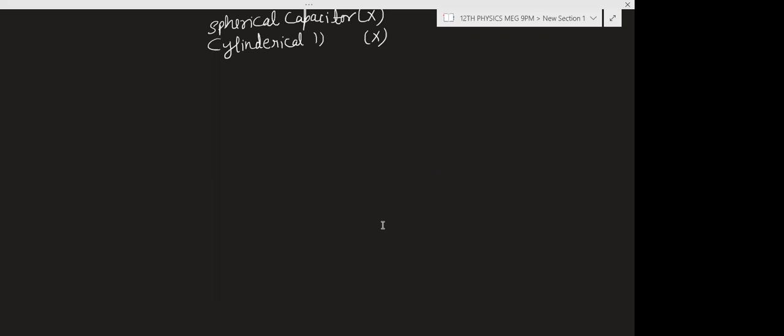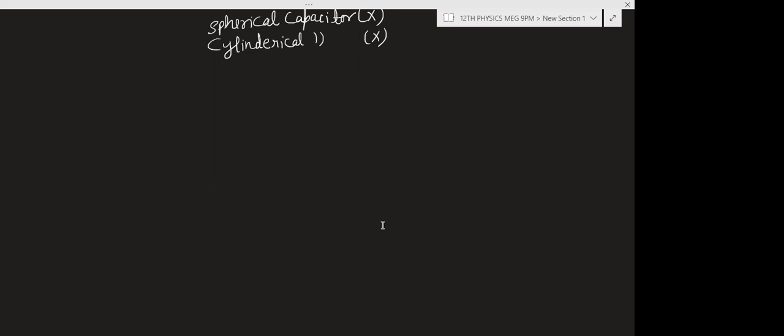After that, we discussed the parallel plate capacitor. What are parallel plate capacitors? They are simply two parallel plates. The plates can be rectangular or circular.